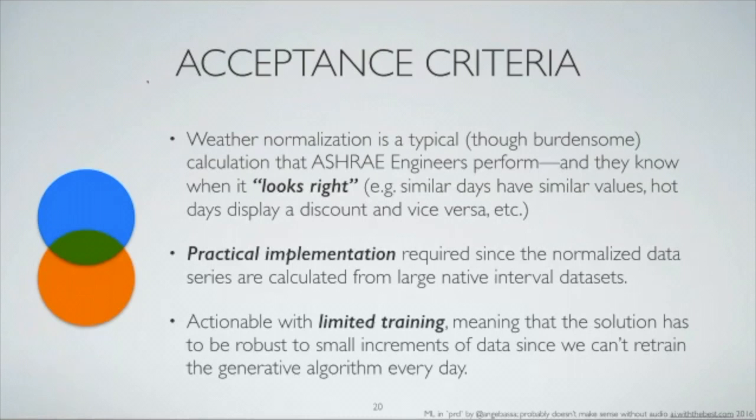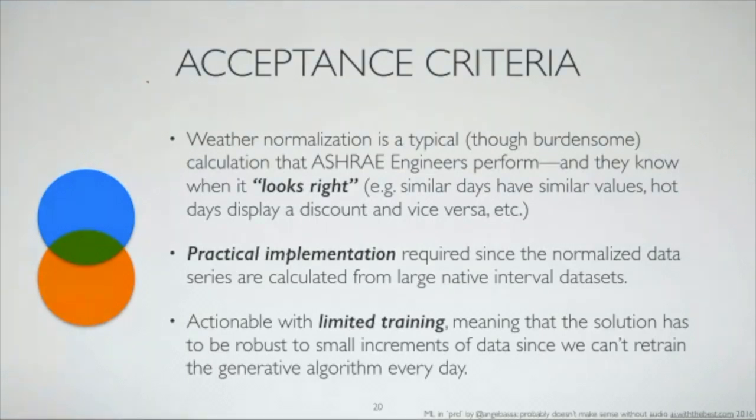So this had to be something that wouldn't bring the whole entire stack to a crawl every time this particular batched calculation took place. And the third thing was, we can't very well sell this to customers and ask them to wait 3 months until they have some data that they can use and charge them for those 3 months of data accumulation. So it had to be actionable with very limited data training.